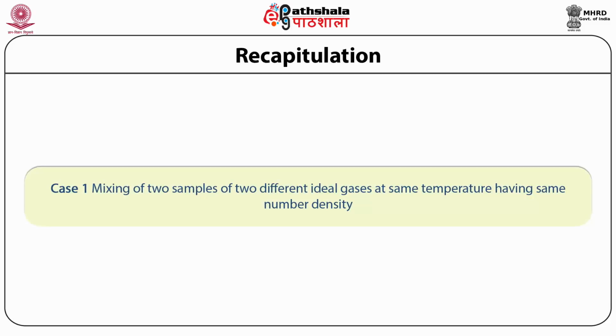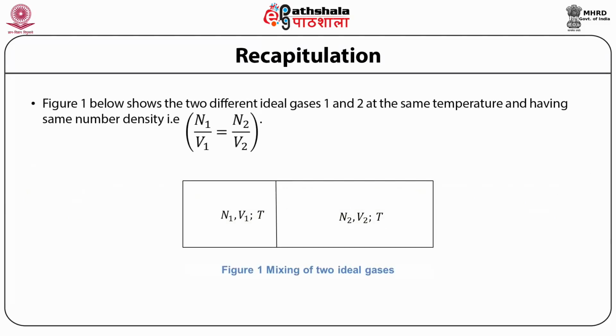Let us see these two cases separately and calculate entropy explicitly using equation 1. Case 1: mixing of two samples of two different ideal gases at the same temperature having the same number density. Figure 1 shows the two different ideal gases 1 and 2 at the same temperature and having the same number density, that is, N1 upon V1 is equal to N2 upon V2.